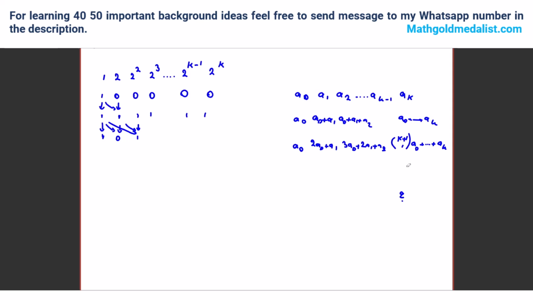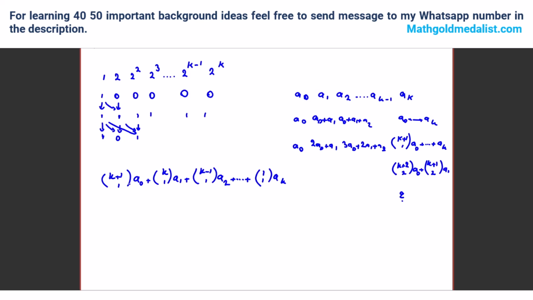Then if you consider 1 choose 1 to this, it's k plus 2 choose 2, right? A0 plus k plus 1 choose 2, A1, right? So if you write, it will be k plus 1 choose 1, A0, plus k choose 1, A1, plus k minus 1 choose 1, A2, right? The last one is 1 choose 1, Ak, right?